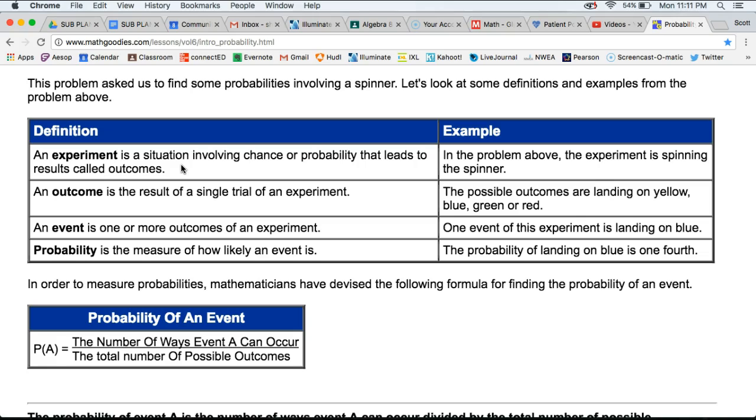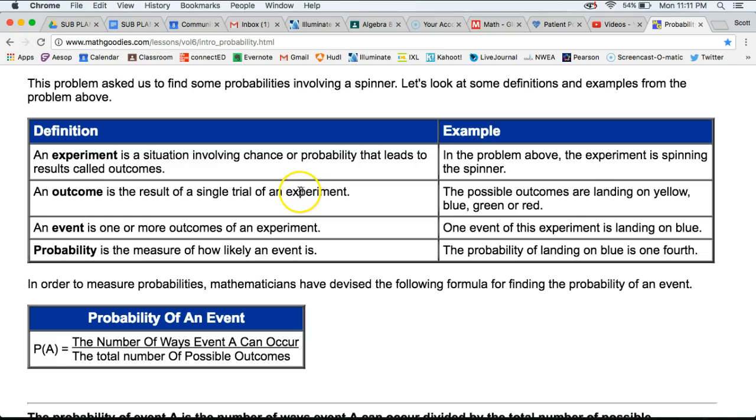Example, spinning a spinner is an experiment. I'm going to theoretically spin the spinner more than one time. So the fact that I am engaging in that particular situation more than once would indicate that an experiment is taking place. An outcome is simply a result of a single trial of an experiment.